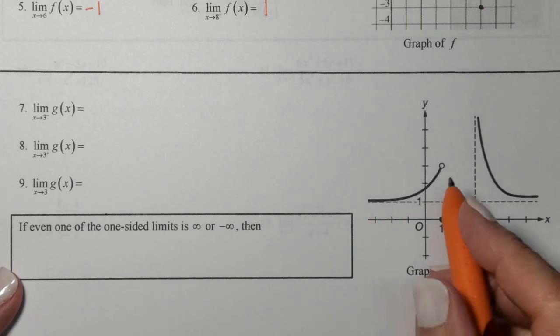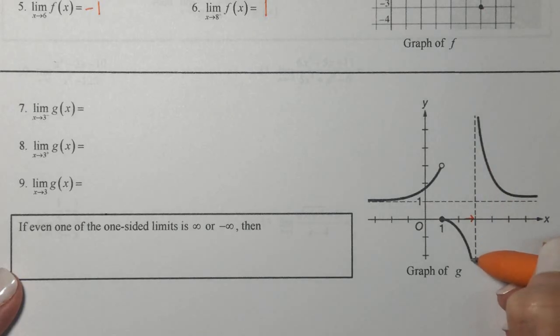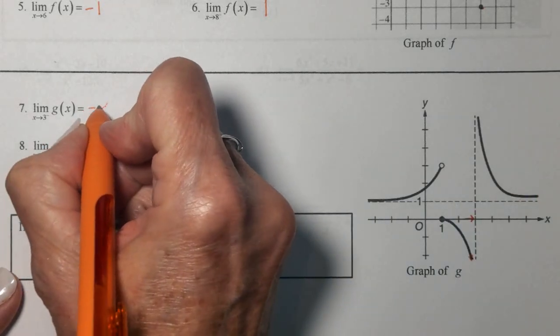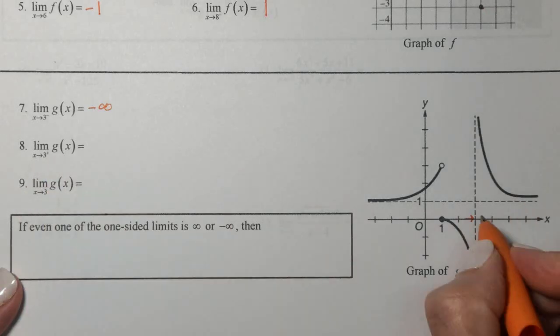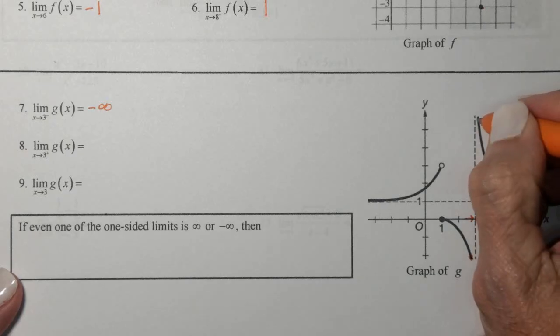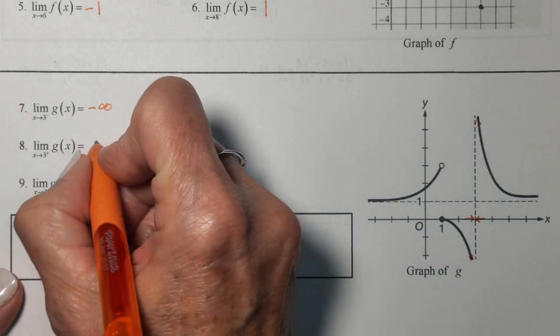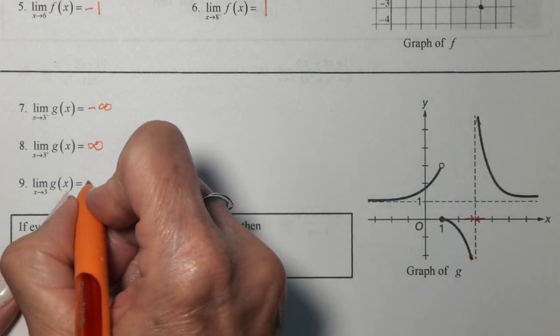As x approaches 3 from the left, this function is going to negative infinity. What about 3 from the right? 3 from the right, this function is getting higher and higher. It's going to infinity. So what is the overall limit? The overall limit does not exist.